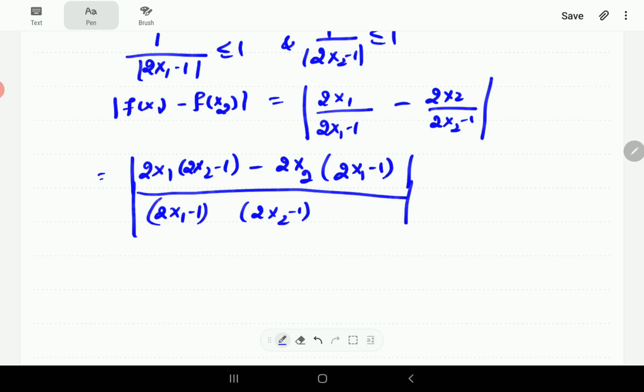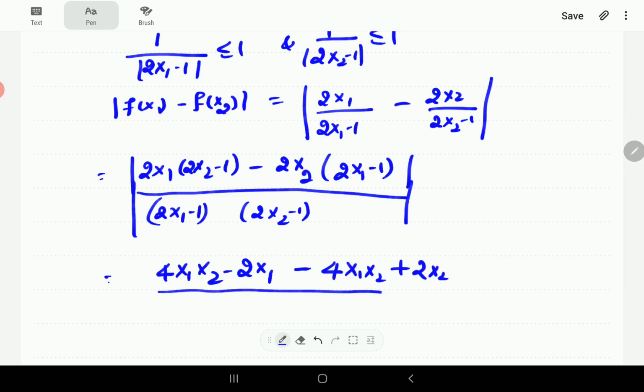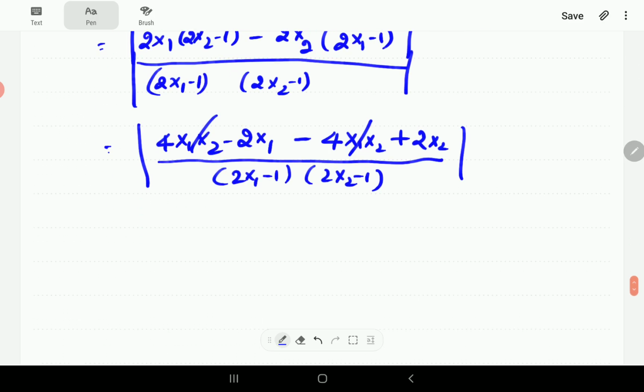Okay, and this is equal to, just multiplying, 4x1x2 minus 2x1 minus 4x1x2 plus 2x2, divided by 2x1 minus 1 times 2x2 minus 1. Now this cancels, and we are having 2x2 minus 2x1.